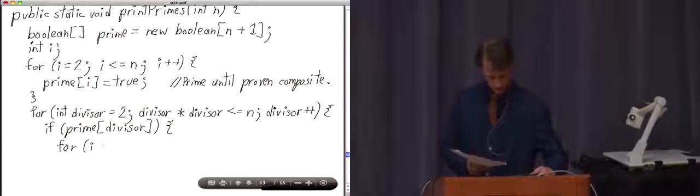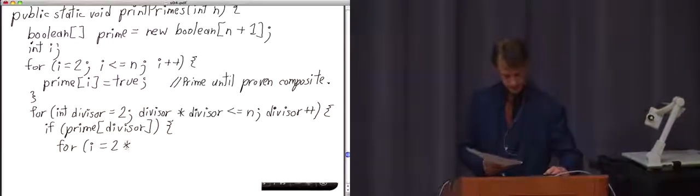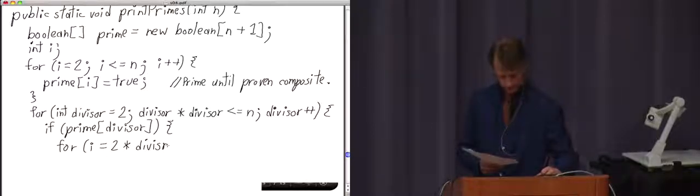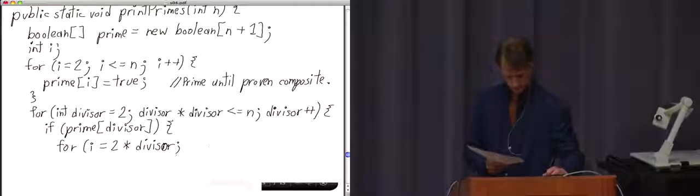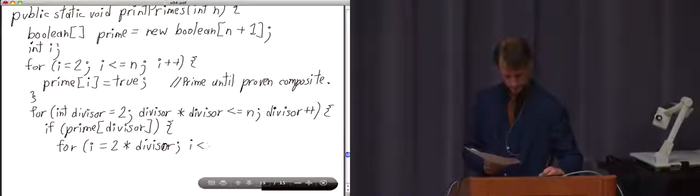So we have a loop that goes through all of the multiples of divisor, starting with 2 times divisor, and going up to n.